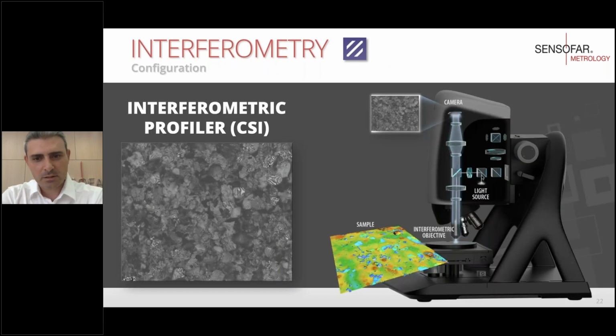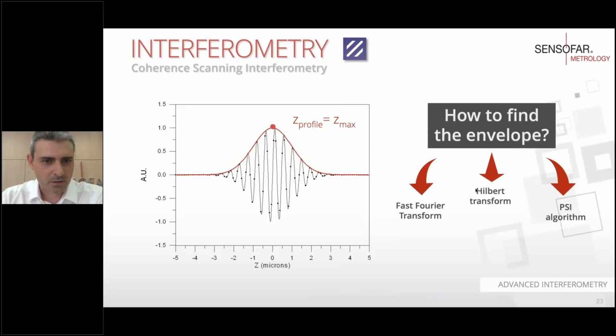So go back to the interferometer, and now, instead of using a monochromatic LED, we use the white LED, the one you see here on the screen. Now what will happen is that, instead of performing several discrete steps and measuring the phase information, we acquire a set of many images along the focus of the microscope.